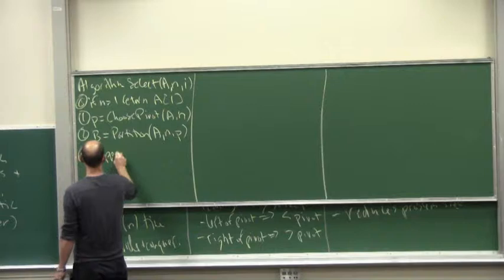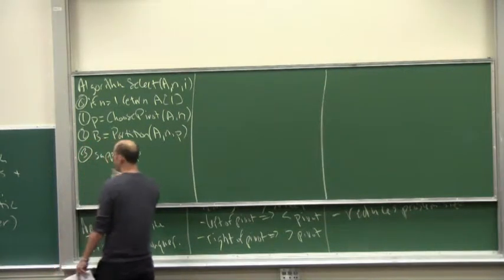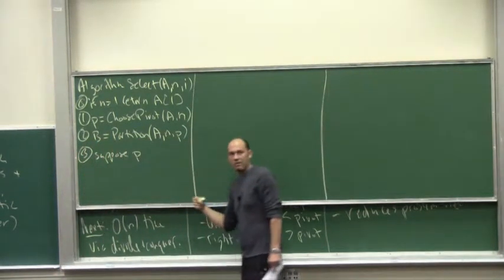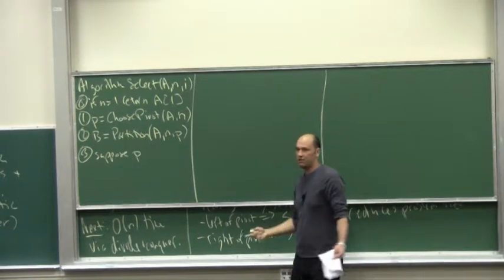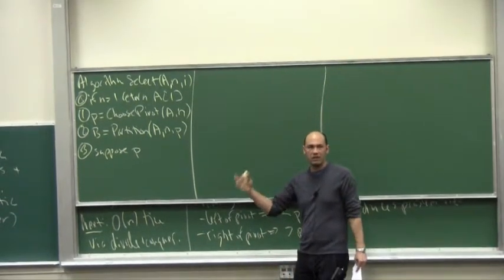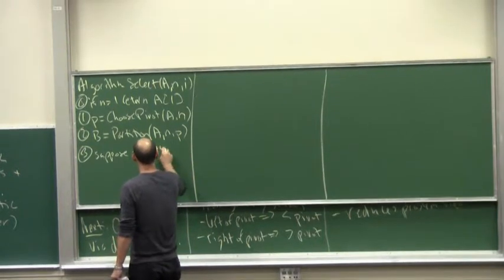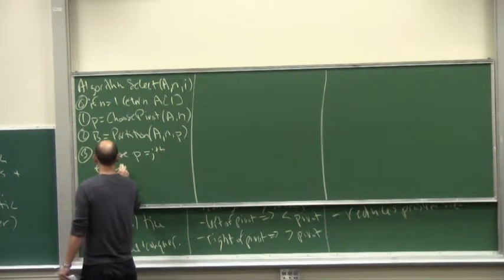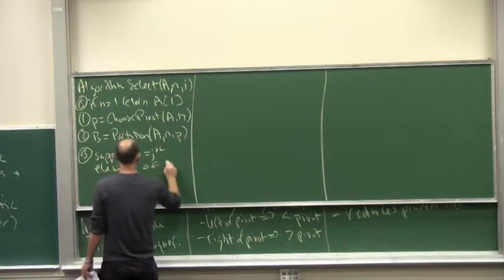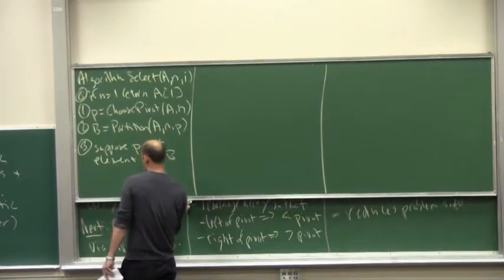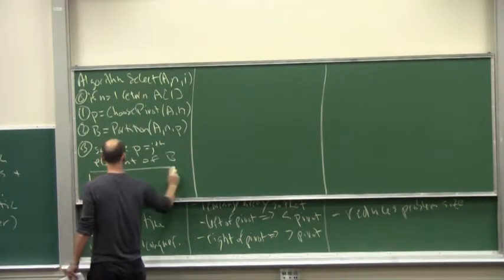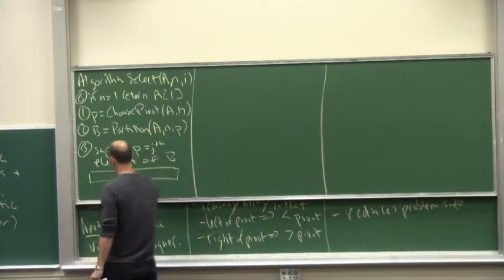Now, suppose that after you partition around P, the pivot winds up in its rightful position, it's the jth position of the array B. The picture I want you to have in mind is this one. So this is B here.